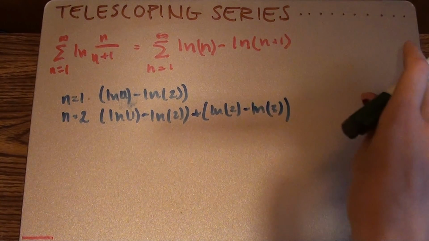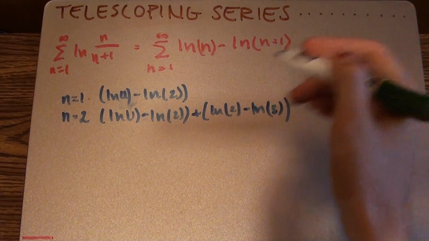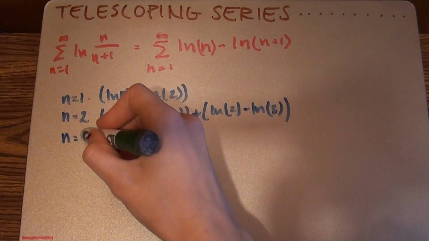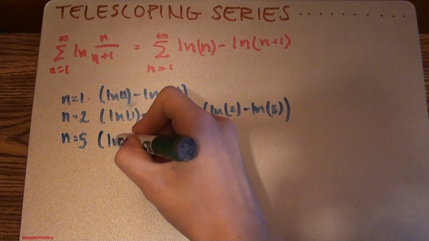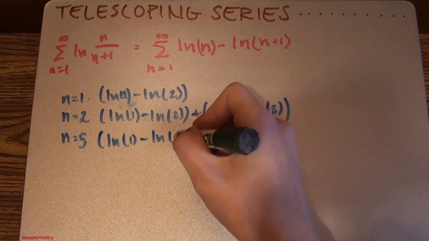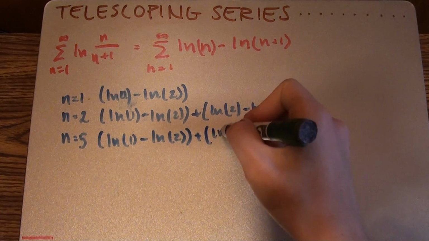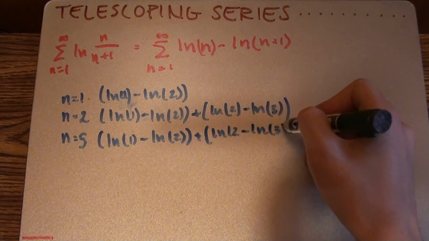Now we're going to skip ahead and see if we can find our pattern. Let's try when n equals 5. We have the natural log of 1 minus the natural log of 2 from when n equals 1, plus, for n equals 2, the natural log of 2 minus the natural log of 3.